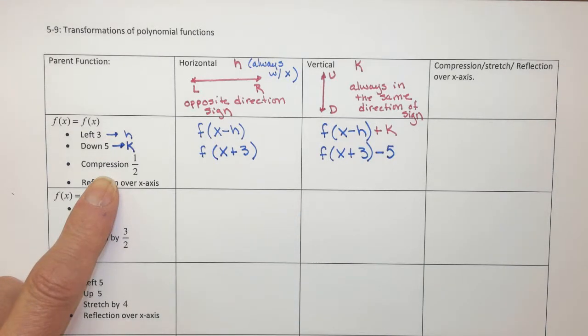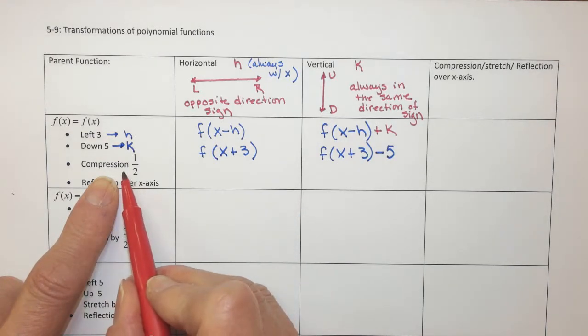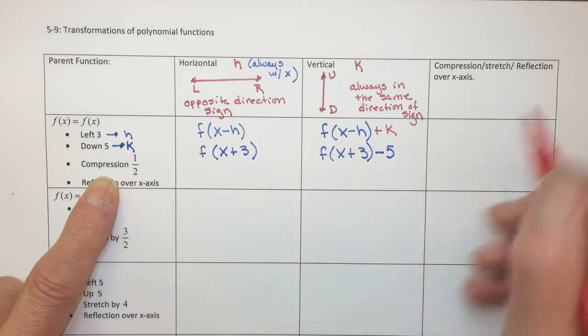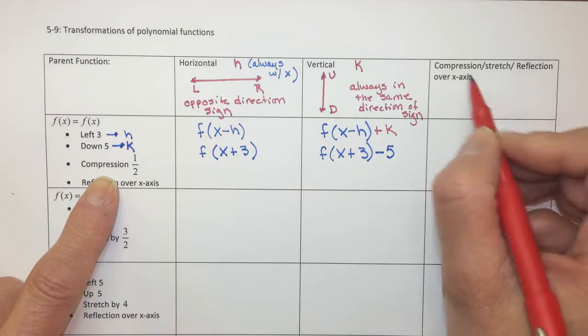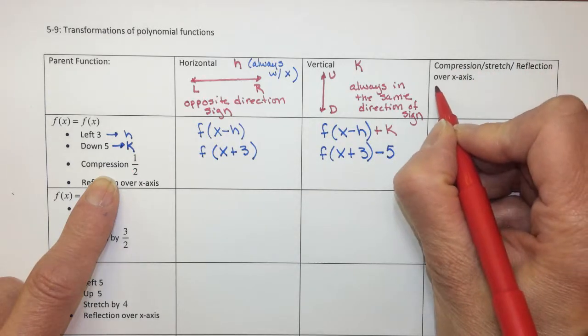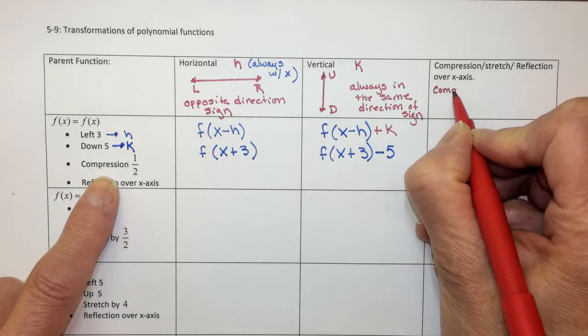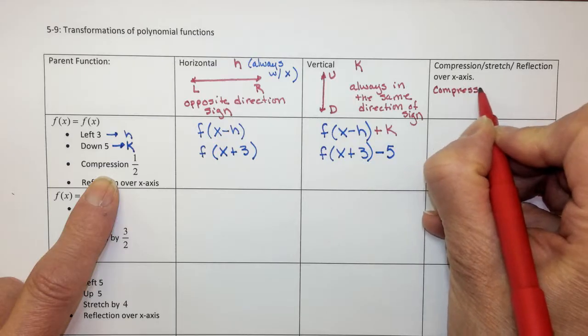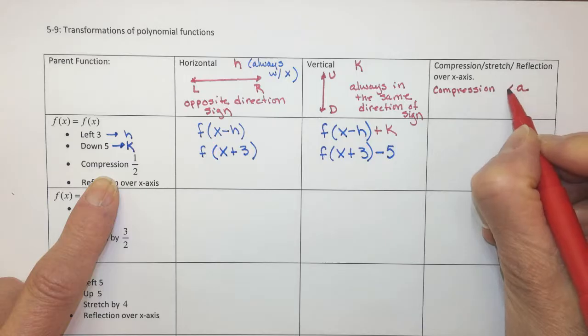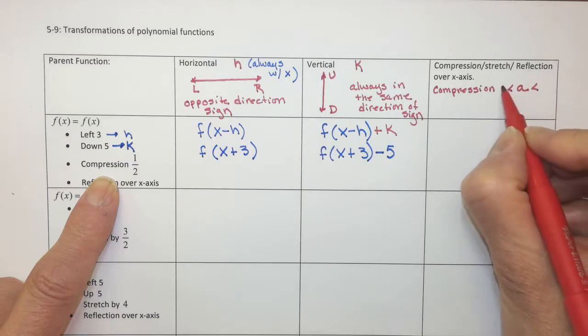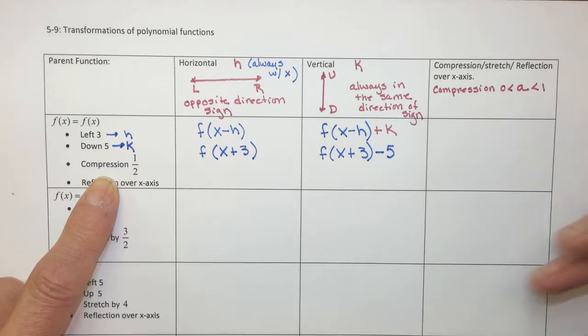The next transformation that I'm asked to do is a compression of 1/2. So when we look over here at the compression, stretch, reflection, there's a number of things. A compression is when we have some number a that is a fraction between 0 and 1.